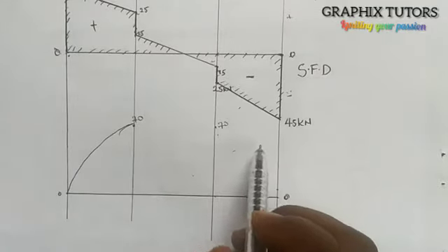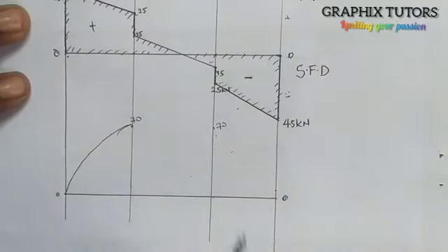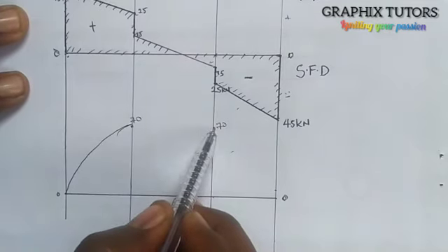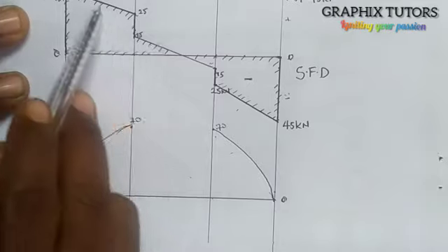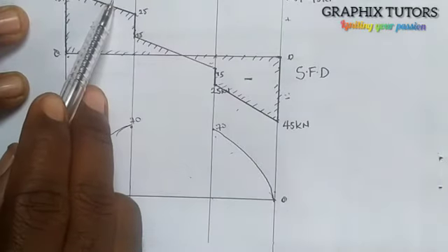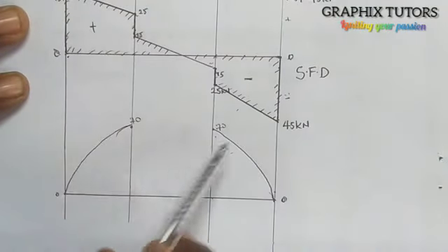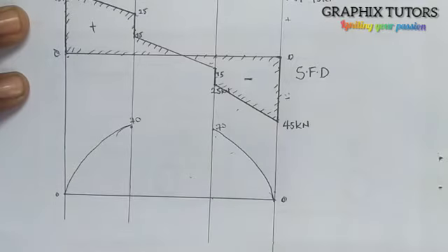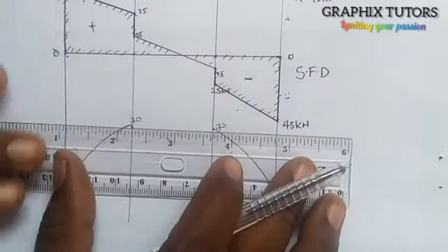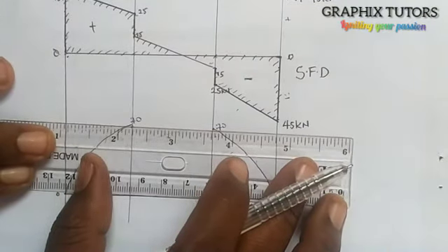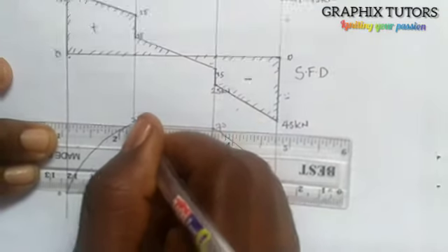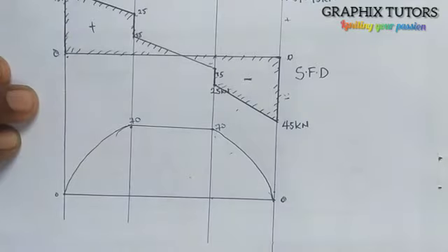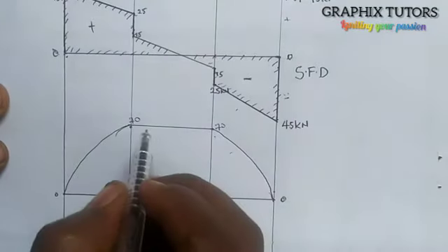And here also will be like a parabola. So when it is inclined at the shear force diagram, it will be a parabola at the other diagram. So I will just join these 2 points together with a straight line this way. So this is what we are having.